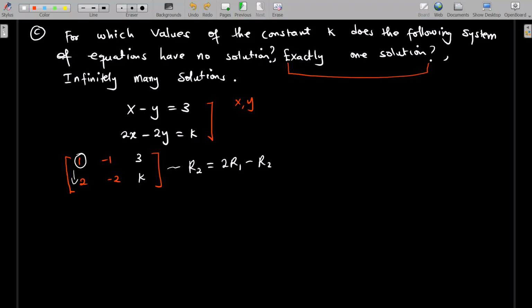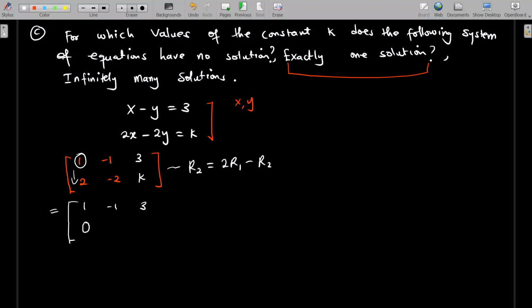If I multiply 1 by 2, I'm going to get 2, and then I'll subtract 2 from it, I'm going to get 0. So this is going to give me a different matrix, which is 1, -1, 3, and then down here I'm going to get 0.